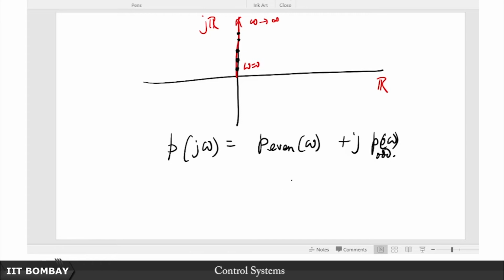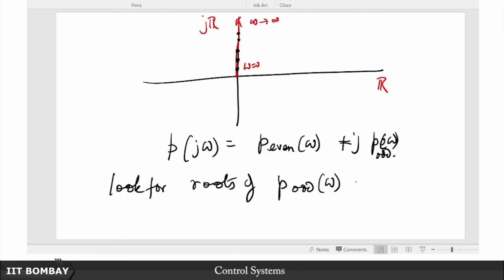So suppose you split it up into these two parts. Now look for roots of P odd(omega) with odd multiplicity. This is important.